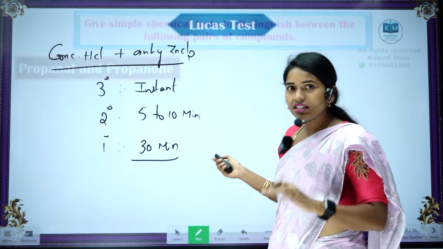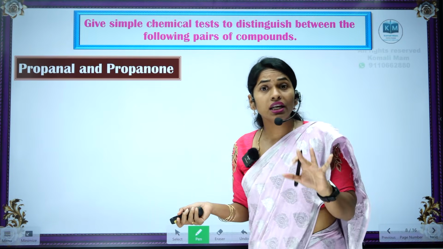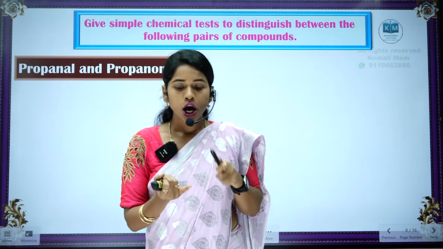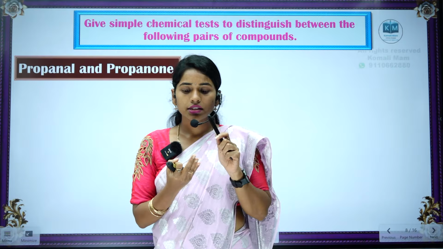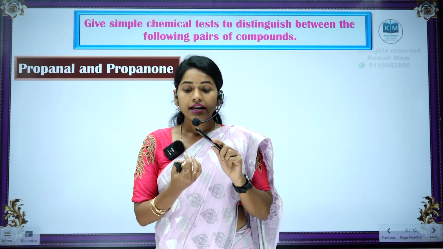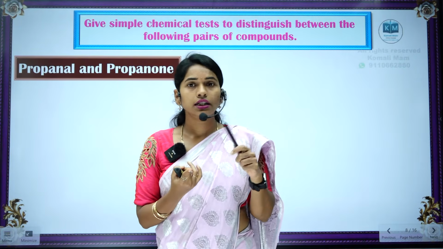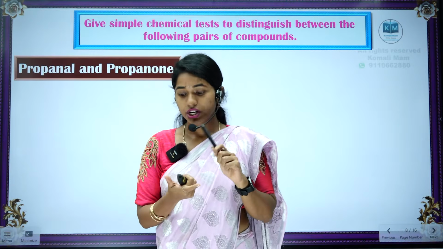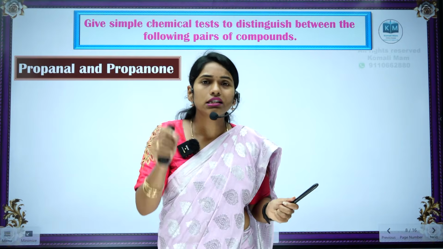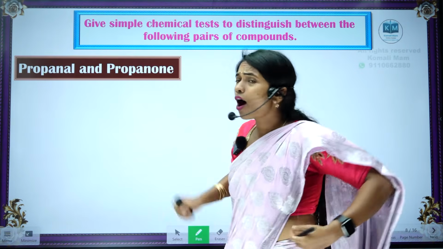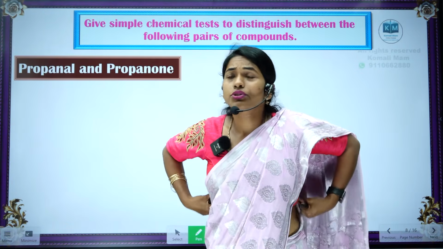Now, shall we start solving questions? In total, how many reagents have you learnt till now? Tollens reagent, Fehling's reagent, next the haloform reagent, next the sodium bicarbonate test, next the neutral FeCl3 test, next the Lucas test. Total 6 tests you have learnt, right? Now see how fast you can solve the question by using this technique.